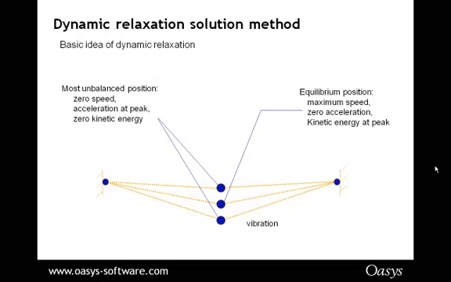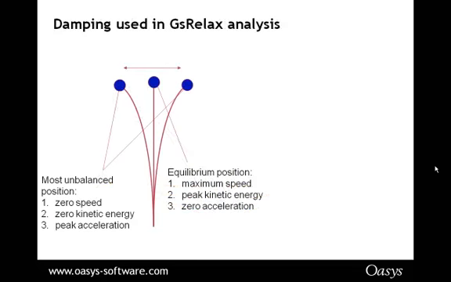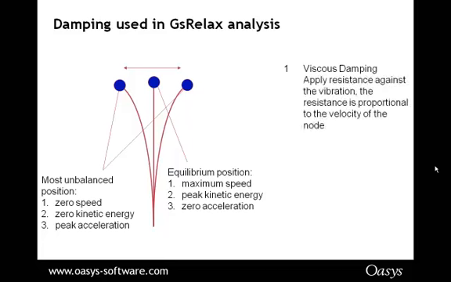Same sort of principle. Now this feeds into our damping system, because it's a dynamic method. You need to put damping into the system to make sure that it doesn't oscillate around the answer. And we have two methods: viscous damping, which is a bit like oil, where the damping is proportional to the speed that the various elements are moving at within the analysis.